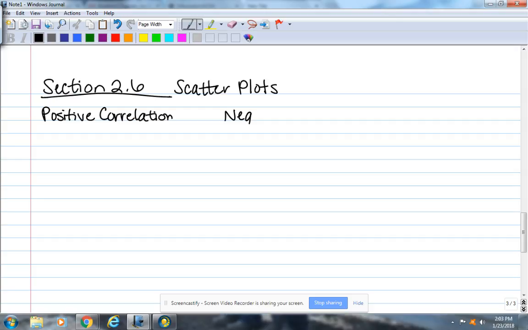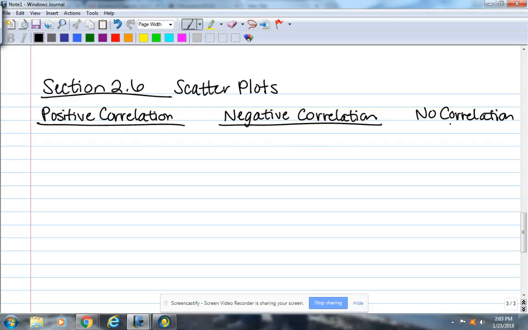We can have a negative correlation. And we can have no correlation. So, if we have a graph of data, and it seems like the trend in it, these are just random points.